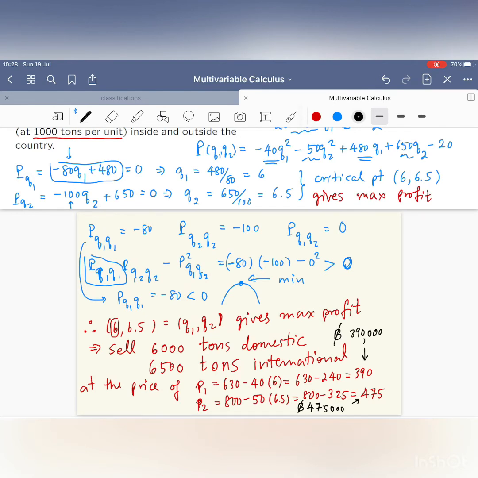That's the selling price that will give you the maximum profit.